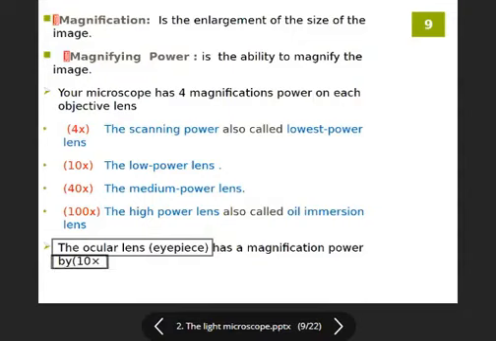On the other hand, objective lenses, there are four types: 4x, 10x, 40x, and 100x. It means that if we want a small zoom, we use 4x. If we want more zoom, then 10x. If we want more zoom, then 40x and 100x. So this is how it goes. This is the magnification power of the objective lens.